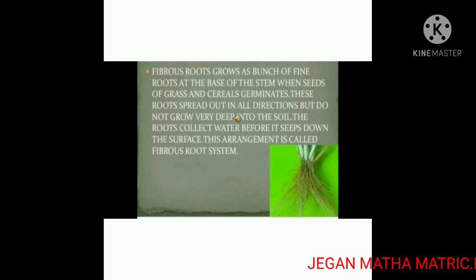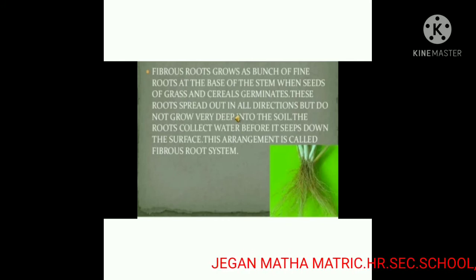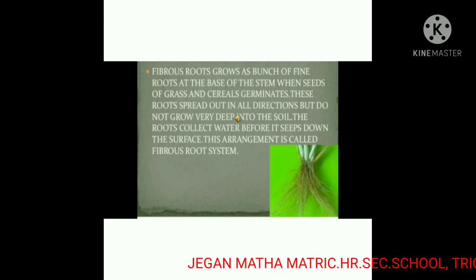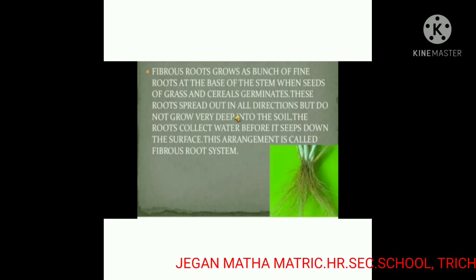These roots spread out in all directions but do not grow very deep into the soil. The roots collect water before it seeps down the surface. This arrangement is called fibrous root system. For example, grass, paddy, maize, etc.